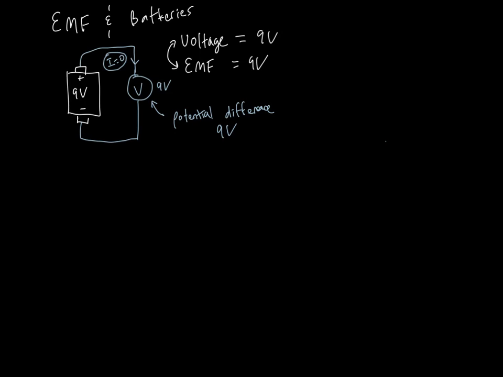So let's suppose we're in a region of space, and in this region of space there happens to be an electric field, E. The electric field can be written as a sum of two components. One component is conservative, so E sub conservative plus E non-conservative.